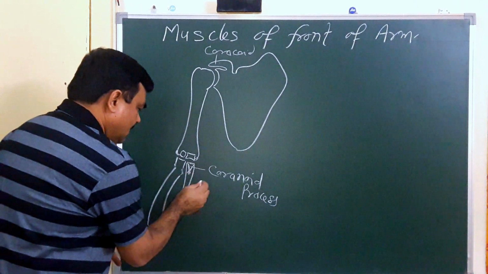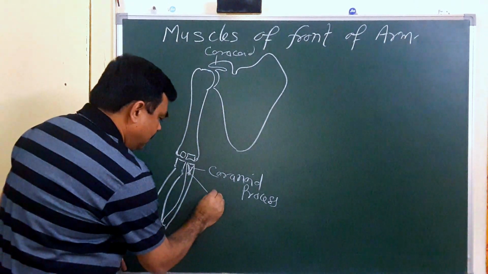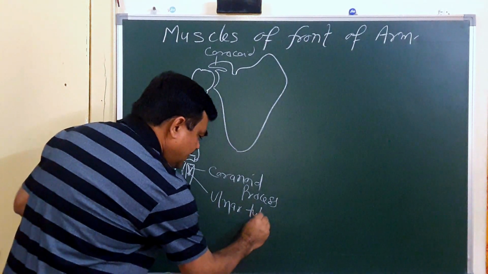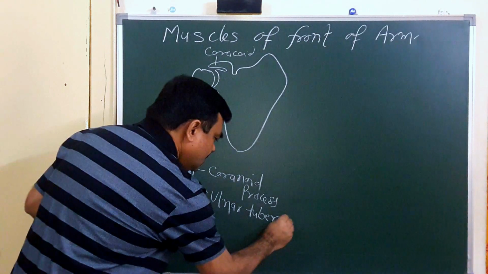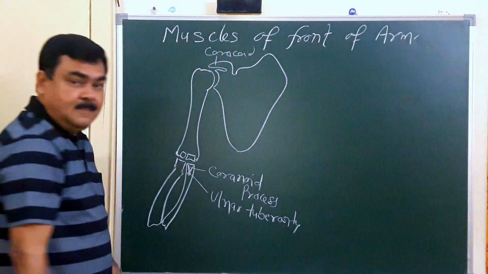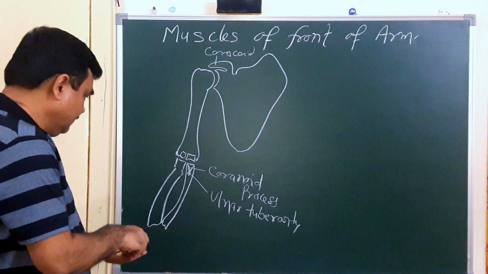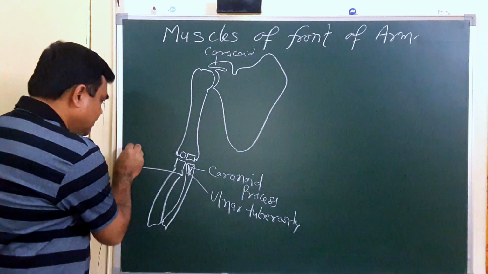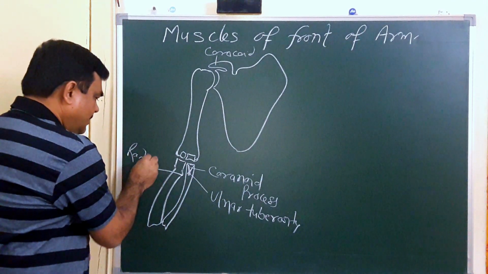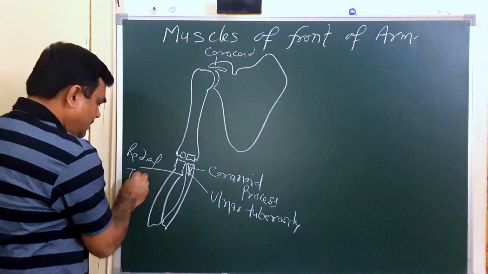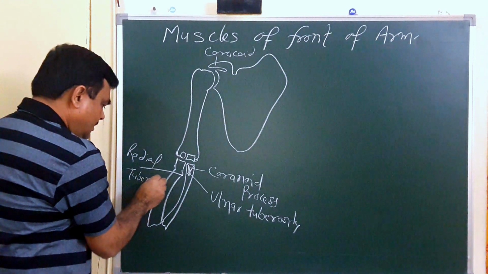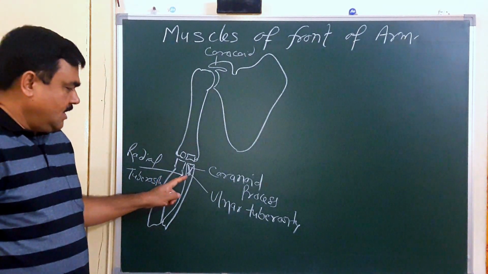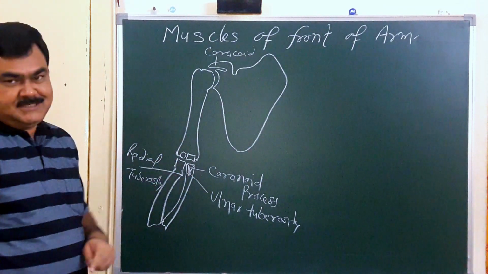Here is the ulnar tuberosity. This is the radial tuberosity. So this is the radial tuberosity, ulnar tuberosity, coronoid process.